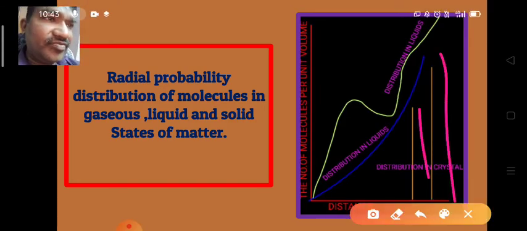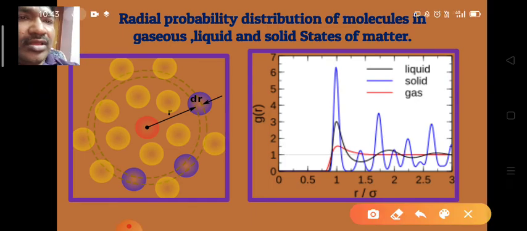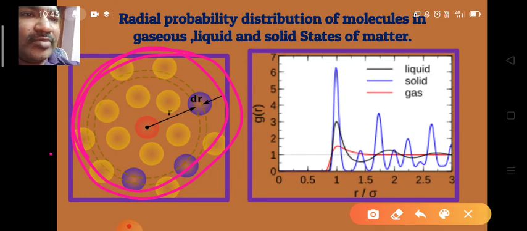Actual radial probability means the number of the molecules that are present in the surroundings of a specified molecule, that means which we are observing.